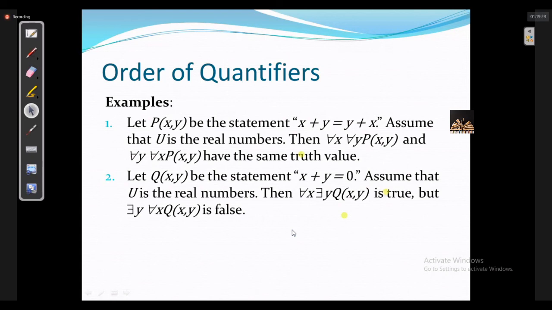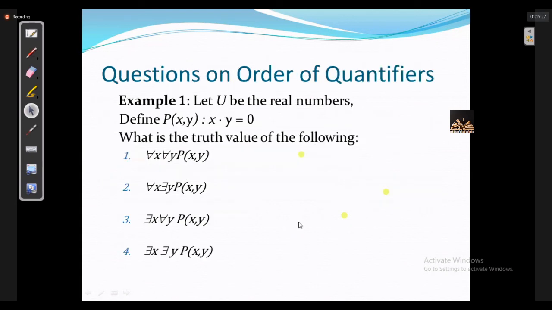See one more example. Here, let the domain be the real numbers.